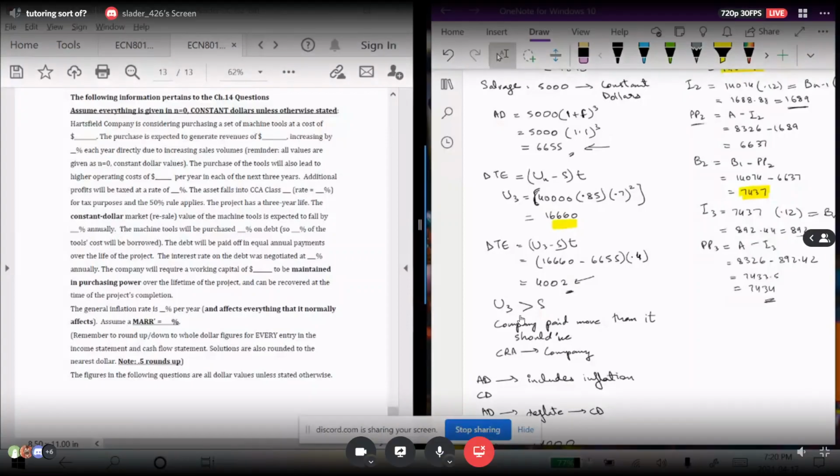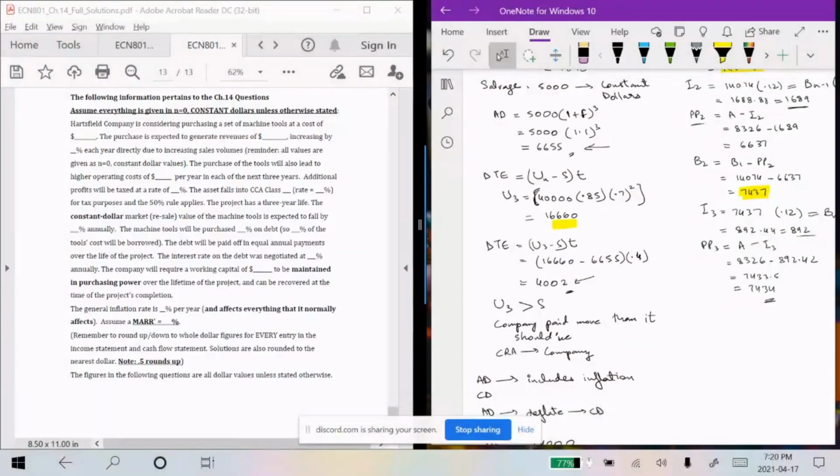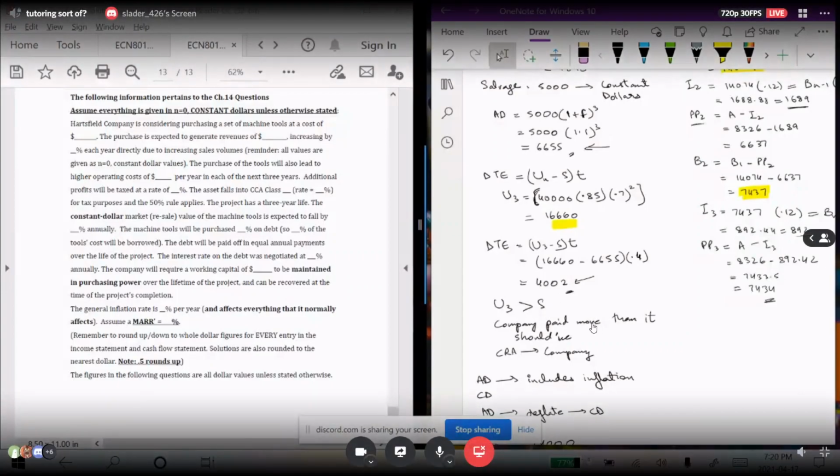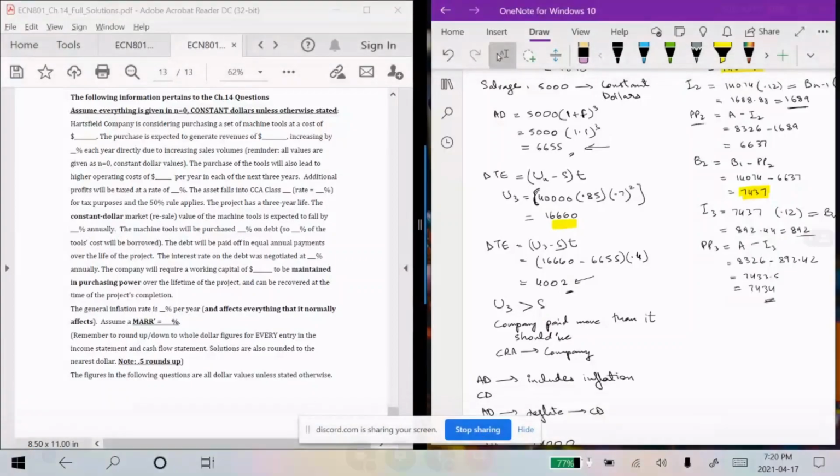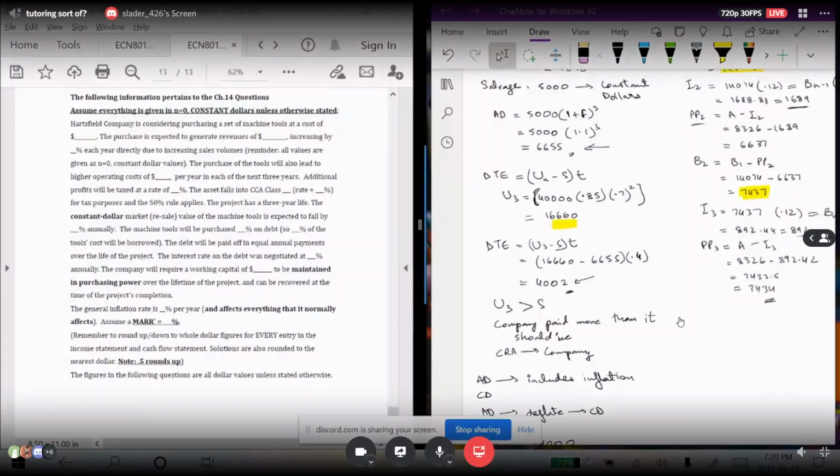If it's less than the salvage value, it's the opposite. So it's easier to think of it as an inverse relationship.